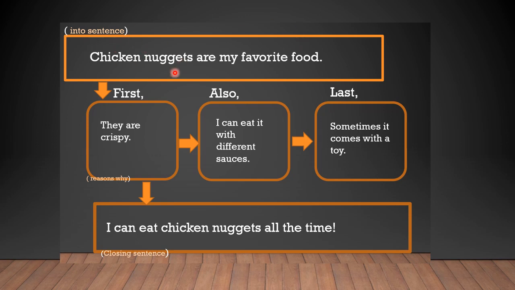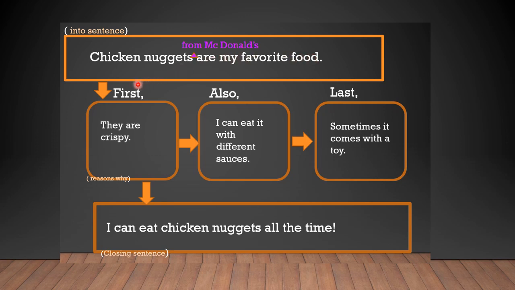Or from where? I can add some detail there so that the reader knows exactly which chicken nuggets are my favorite. So I'm going to add my little caret here that tells me that I'm going to add words in between my sentence. And I'm going to add the detail from McDonald's. So my sentence now reads, chicken nuggets from McDonald's are my favorite food. So now the reader knows exactly which chicken nuggets I like.